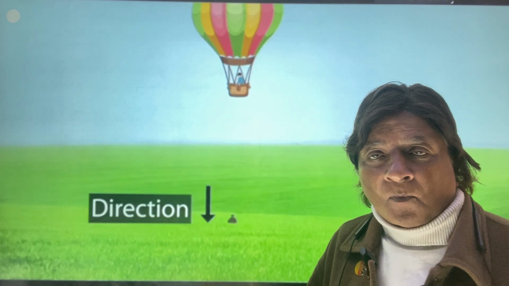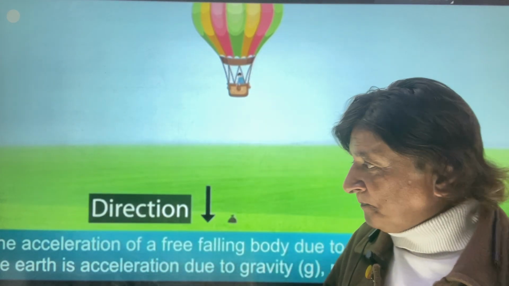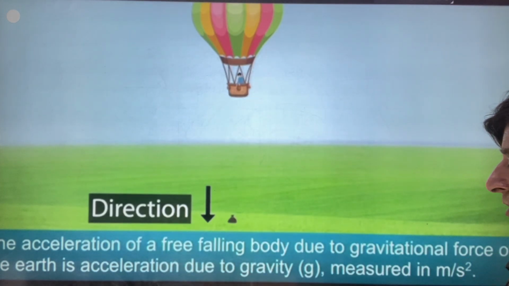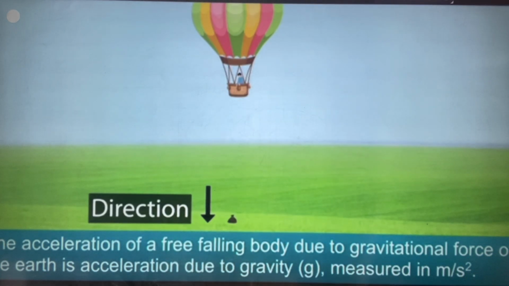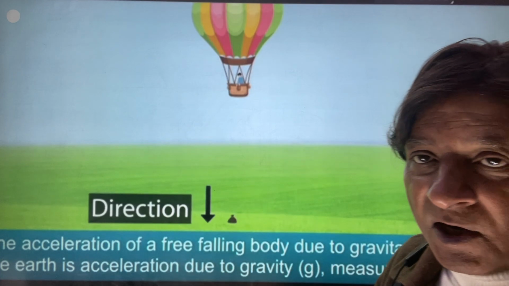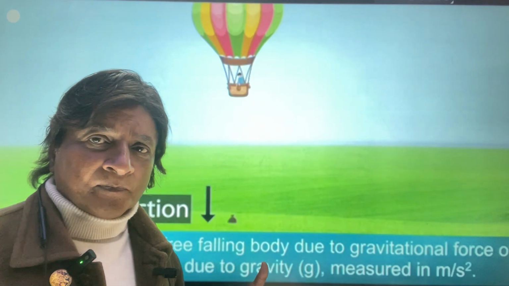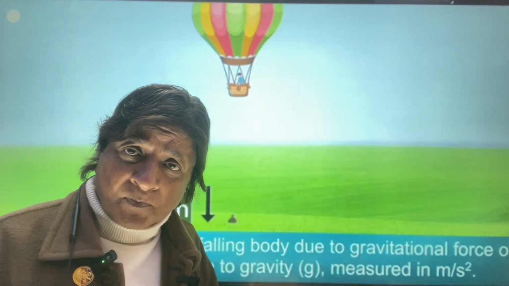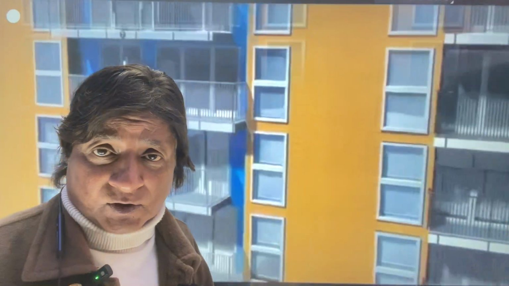Gravity is an attraction of the planet. The acceleration of a freely falling body due to the gravitational force of the earth is the acceleration due to gravity, g, measured in meter per second square. The gravitational force generates acceleration in the mass which is being dropped.